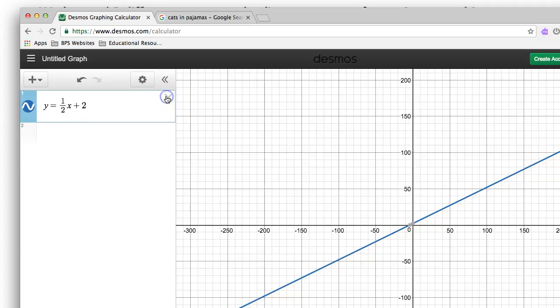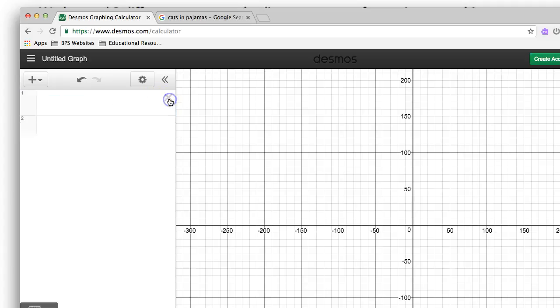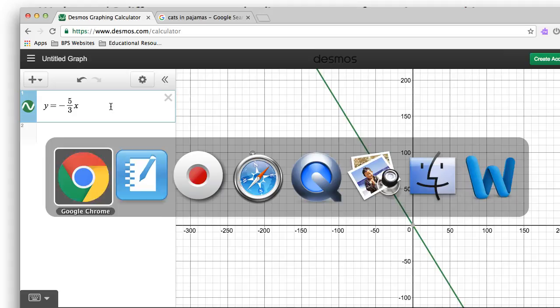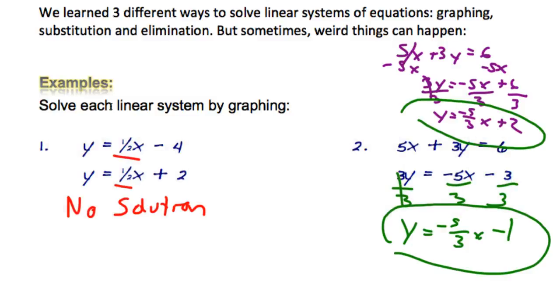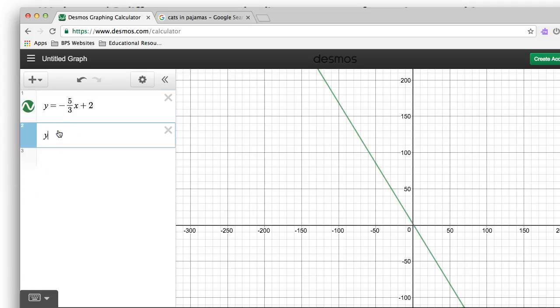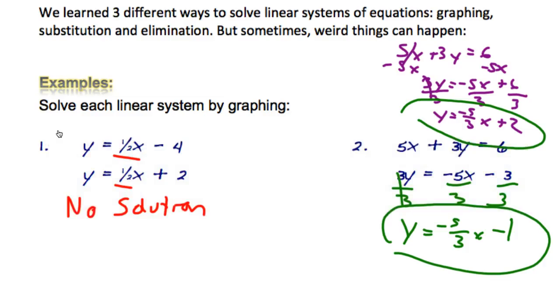So the first one was y equals negative 5/3 x plus 2. And the next one was y equals negative 5/3 x minus 1.